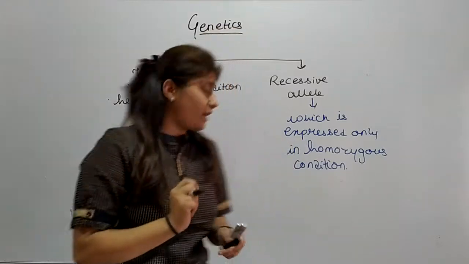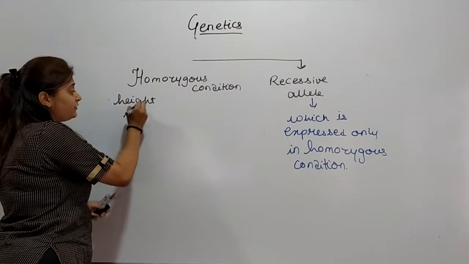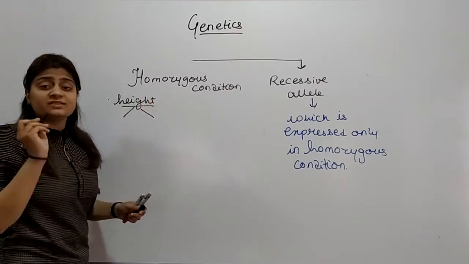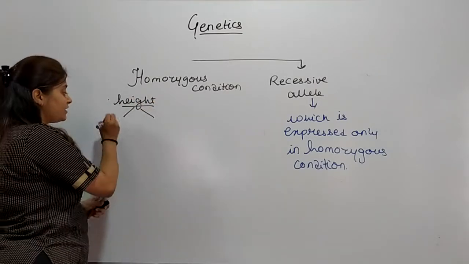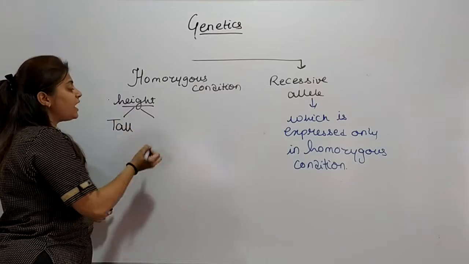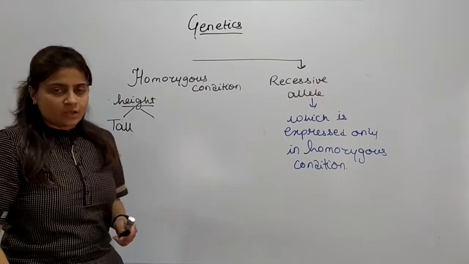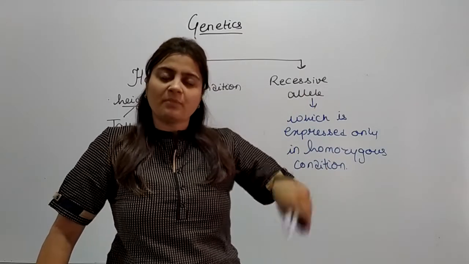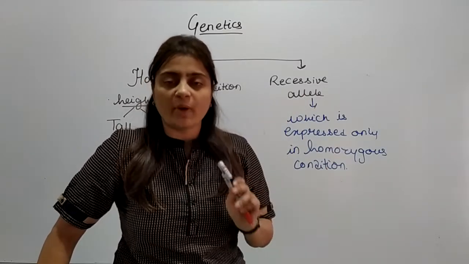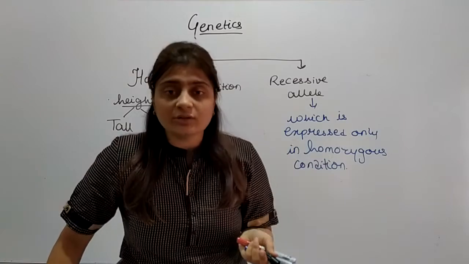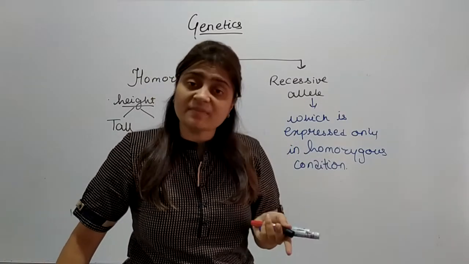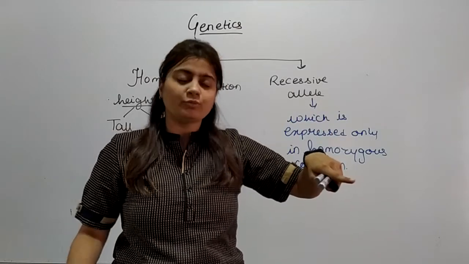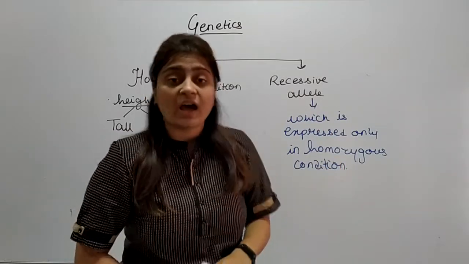If I talk about the gene for the height, I will have 2 alleles for the same. Why 2 alleles? Because chromosome number 1 from my mother and chromosome number 1 from my father are homologous chromosomes. They will have the same set of genes. So if the height gene is present in one chromosome, it will also be present in the other chromosome.